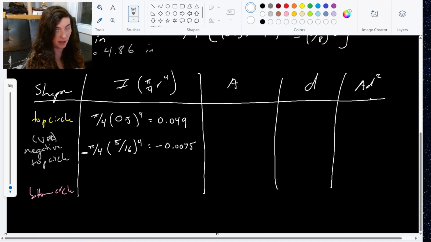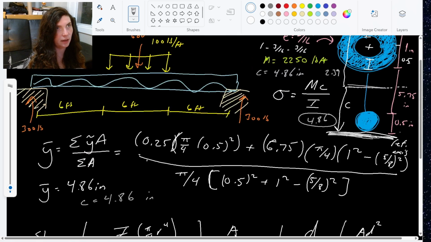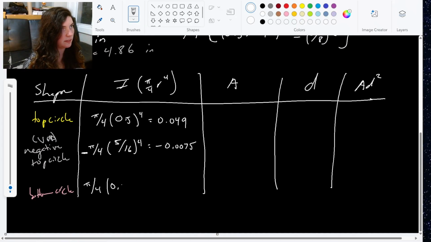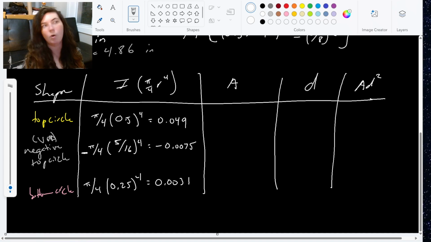Very important that that goes negative into your summation. And then finally that bottom circle. It had a diameter of 0.5 inches. That's a radius of 0.25. Punch that in my calculator. 0.0031. And then I'm just going to keep on working down the line, right?